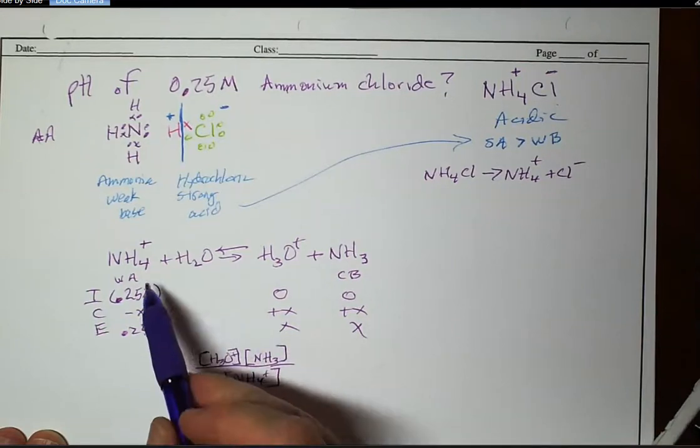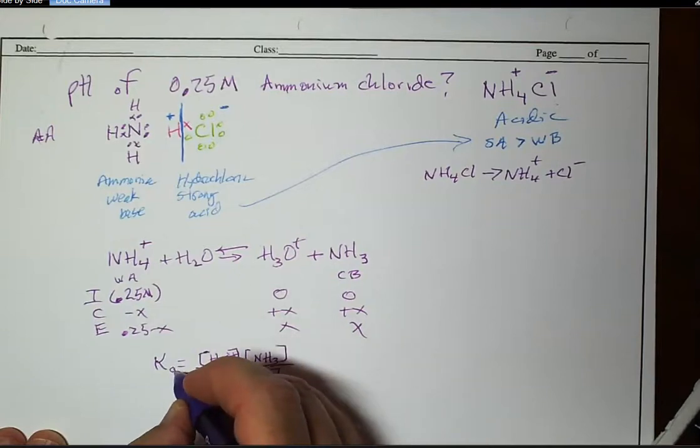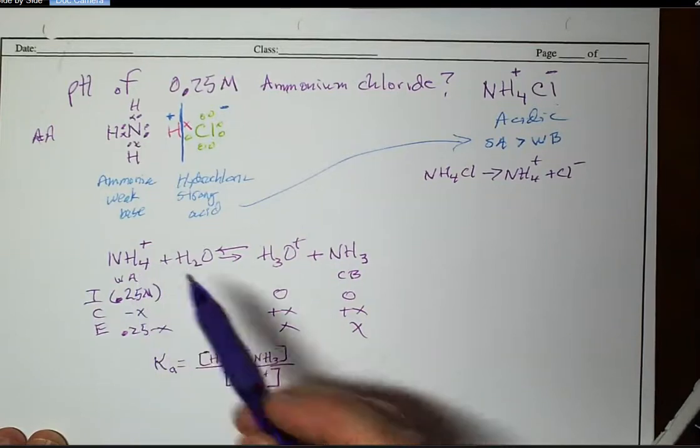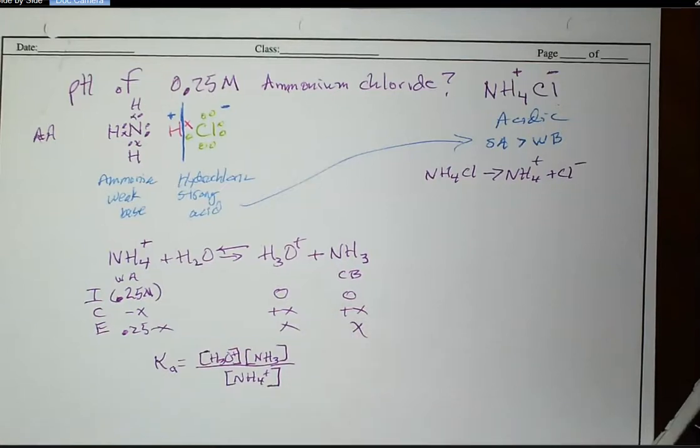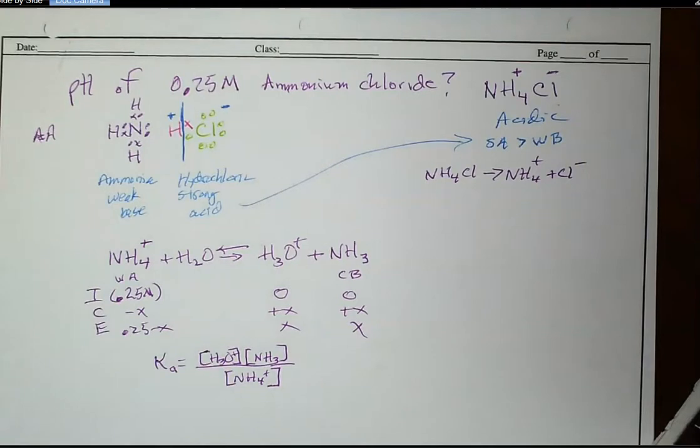Now, this is acting as an acid, so we need a Ka. We need the Ka for ammonium. Well, if you flip over to a table of Ka values, you will find nothing. You will not find Ka for ammonium.